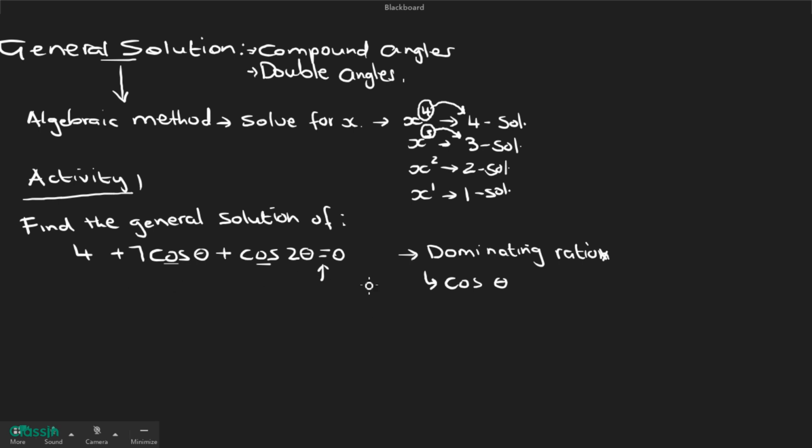Then, the second question is, do we have compound angles? If you check here, you've got cos 2 theta. But is cos 2 theta a compound angle, or is cos 2 theta a double angle?